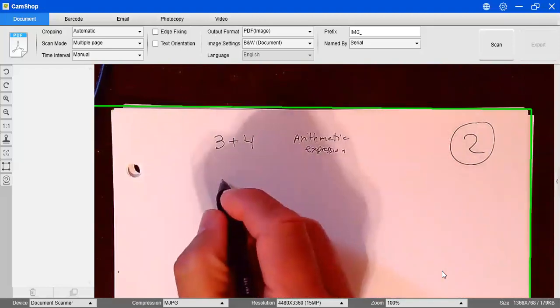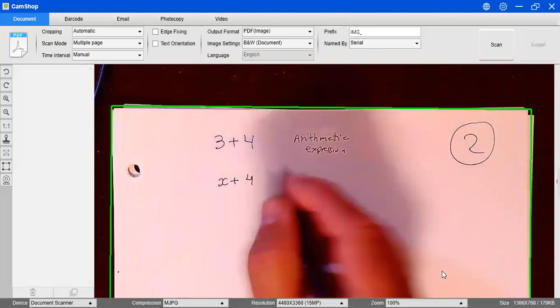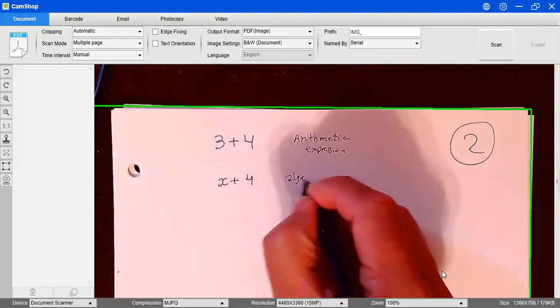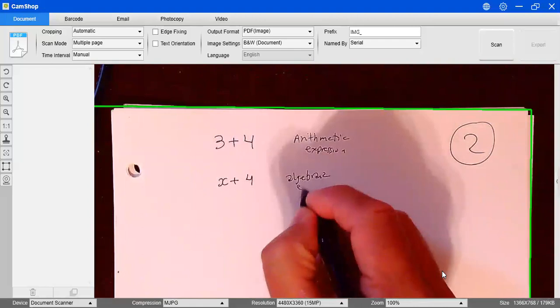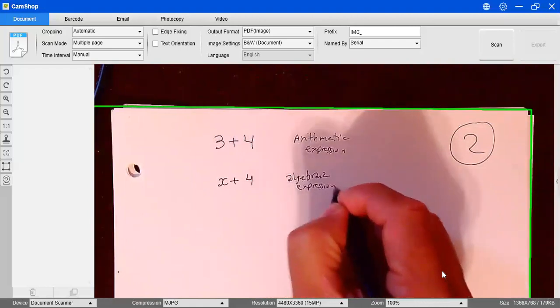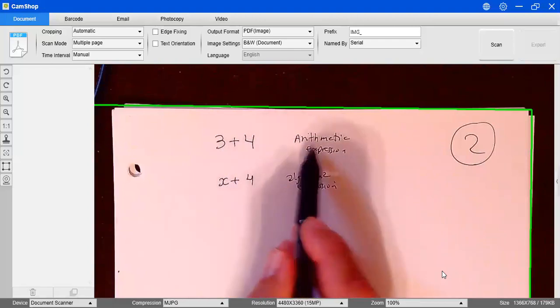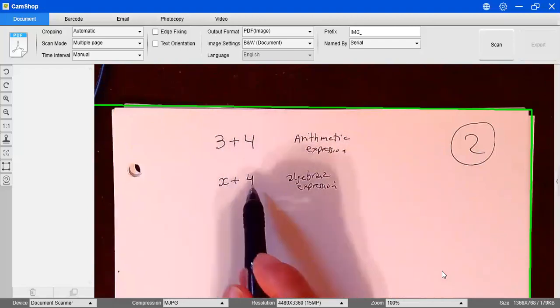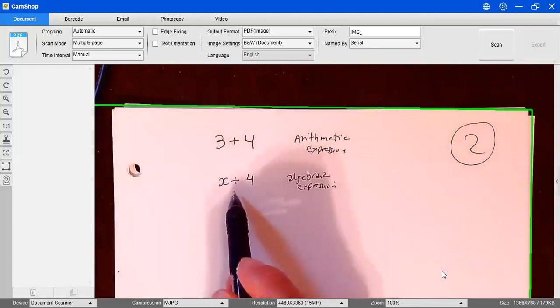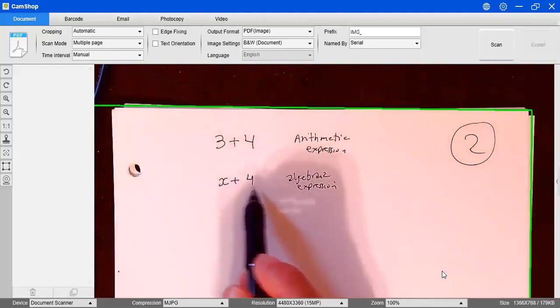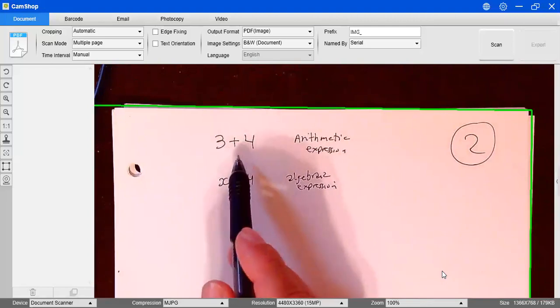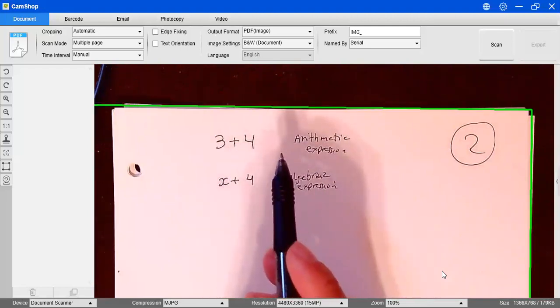If you say X plus 4, then this is going to be an algebraic expression. You can see here only numbers, arithmetic expression. You can see here numbers and letters and operators, and that's an algebraic expression. But again, this is just incomplete. 3 plus 4, and then you say what?